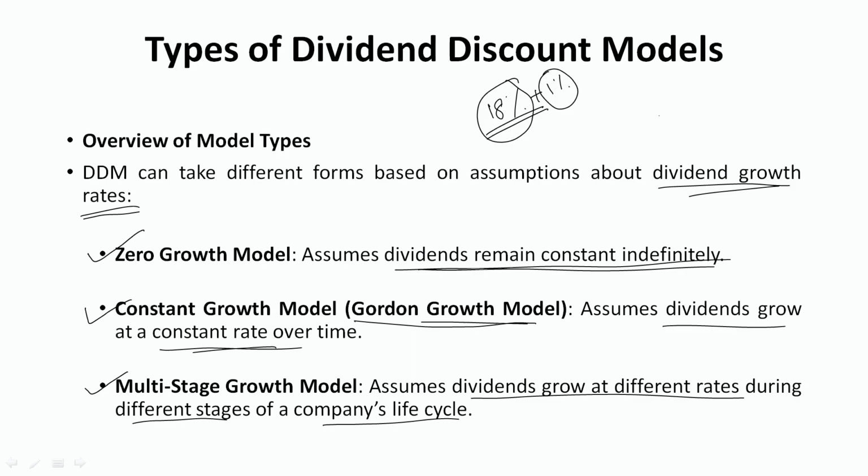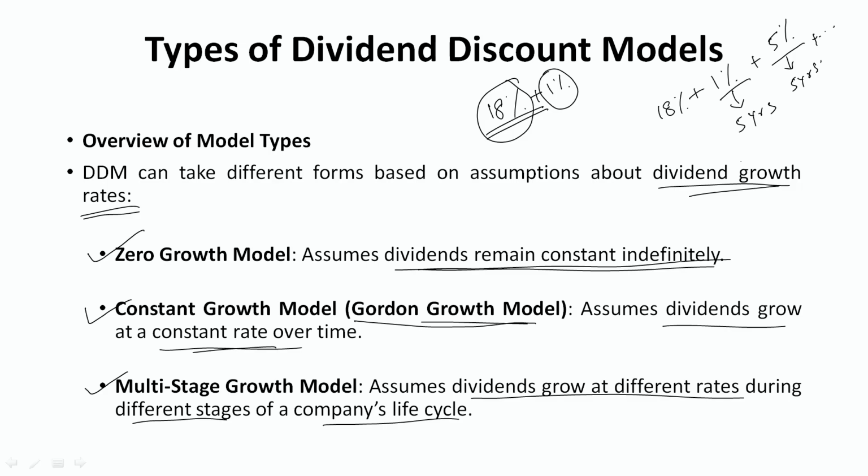So I told you, for the first year I am going to give you 18%, then I say there will be a growth rate of 1% for the next 5 years, and after 5 years this will increase to 5% for the next 5 years, etc. So I can go on like this.